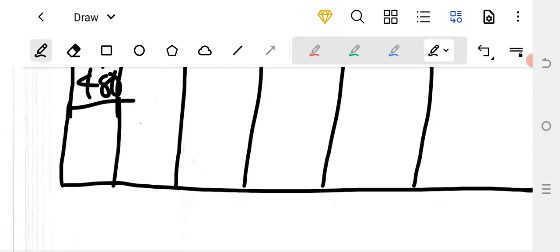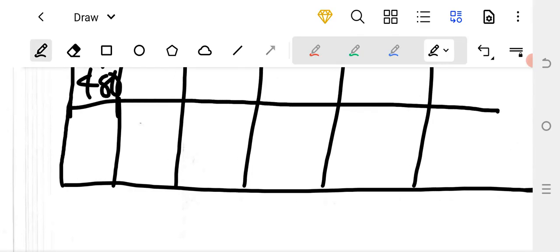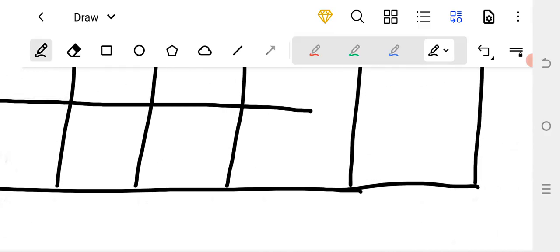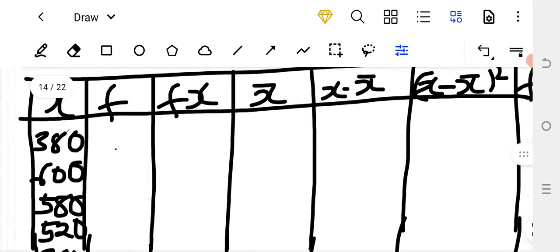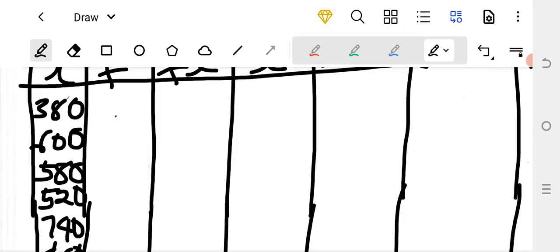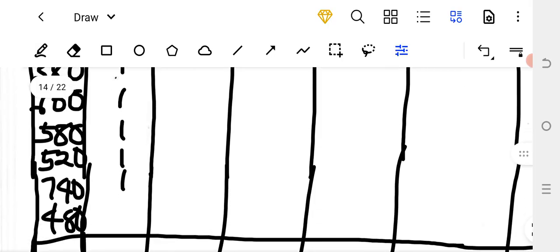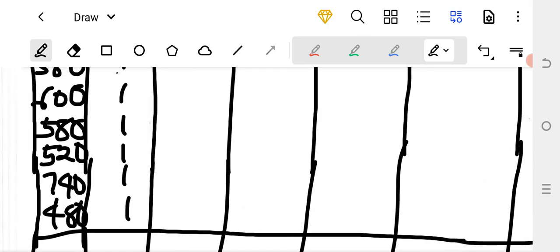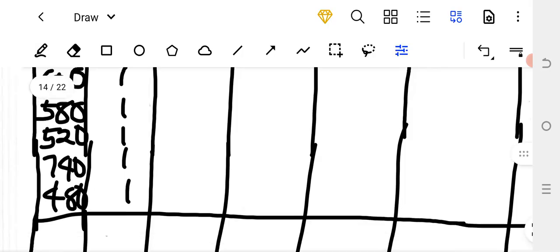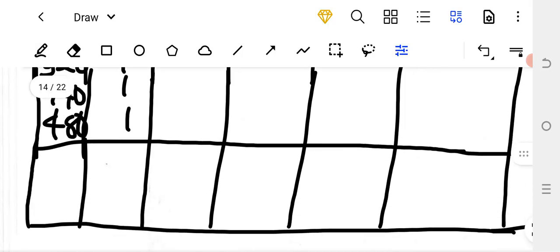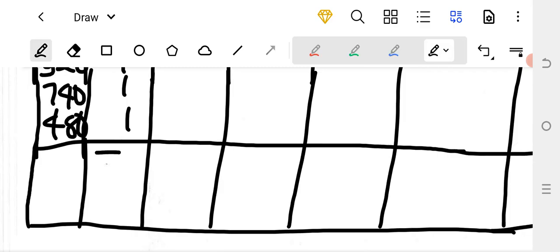Then your values of f: how many 380s in week 1, there is 1. How many 600s in week 1, there is 1. So we just repeat the pattern like that until there are 6 ones. Then if you add all the ones together, you are going to have summation of f being equal to 6.